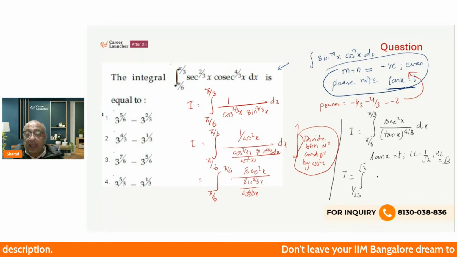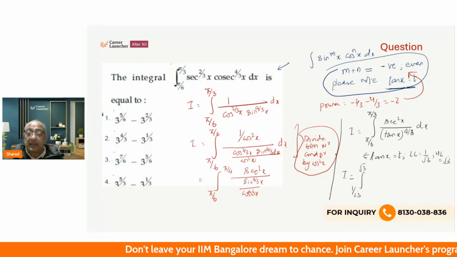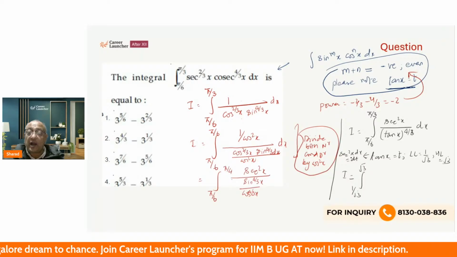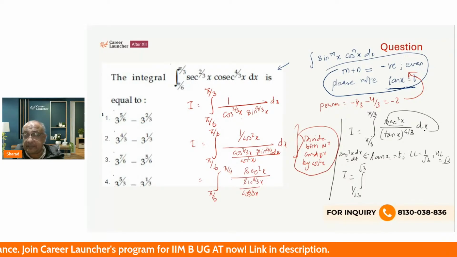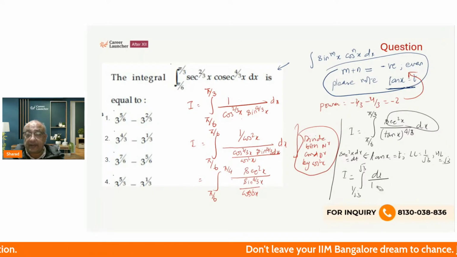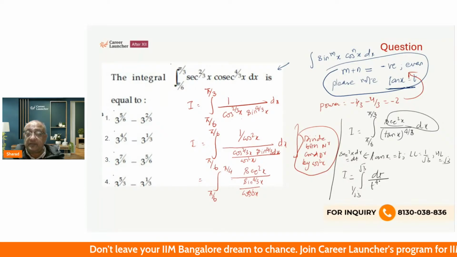As tan x is equal to t, differentiating tan x, sec square x dx is equal to dt. So I'll write dt here, and t raised to power 4 by 3, because I've taken tan x as t.